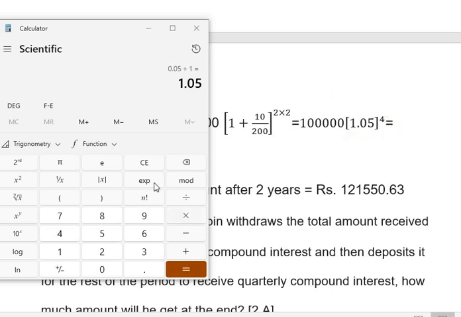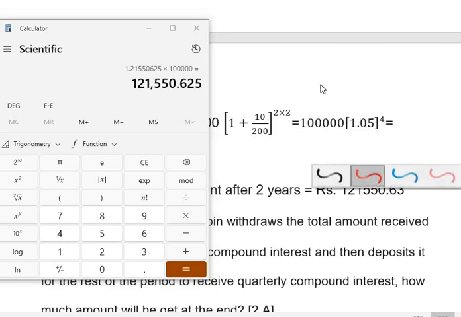Now the final calculation: press x power y, then 4, and type equal to, and multiply by 1 lakh. So the answer is 1,21,550 rupees 625.